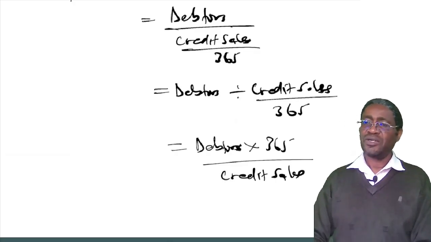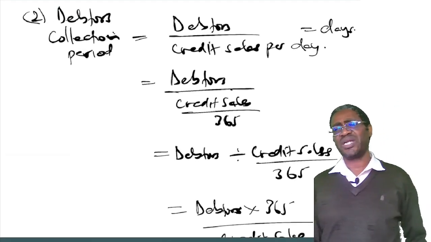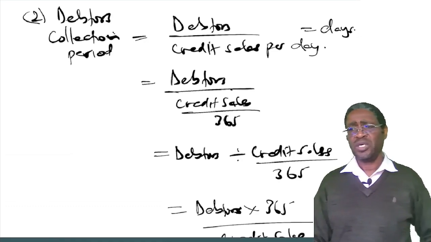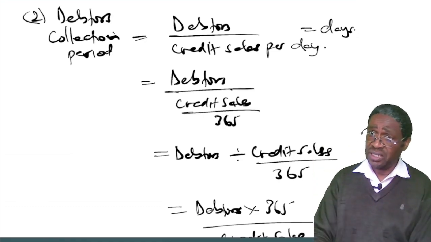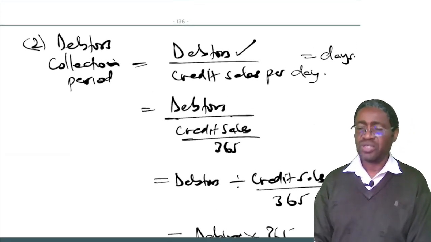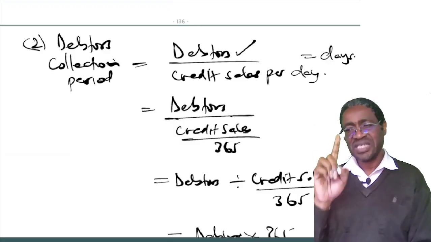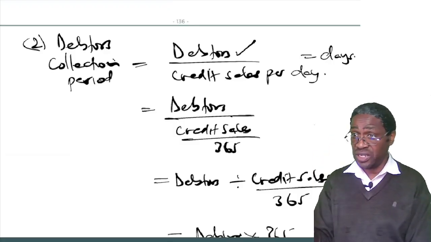Now, normally, in an exam, when they tell you to calculate the debtors collection period, you don't have to derive this formula. I started by saying, to get the debtors collection period, you take debtors and divide by credit sales per day. That gives you the average sales per day.